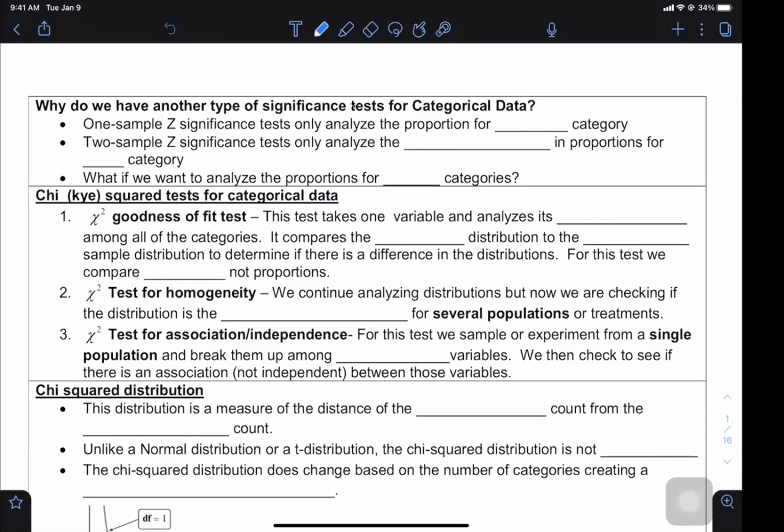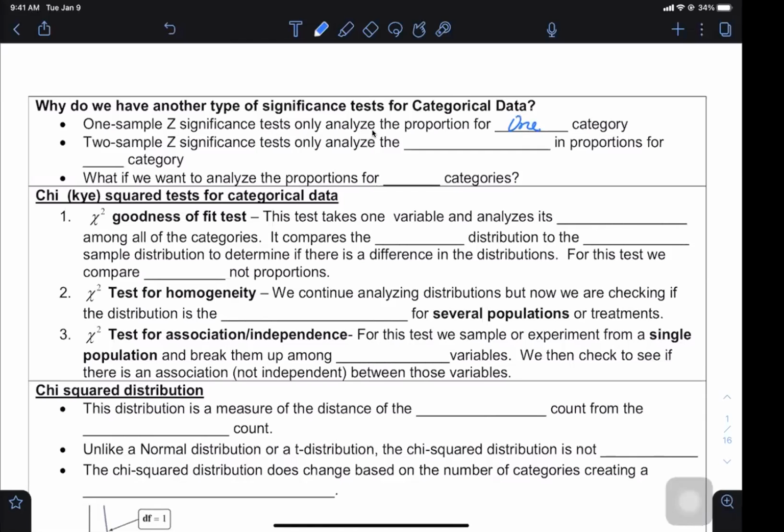In the past 3 weeks, we learned about the z-test, which is used to do a proportion test and also a proportion confidence interval, and also the t-test, which does a confidence interval on the mean and also significance tests for the mean.